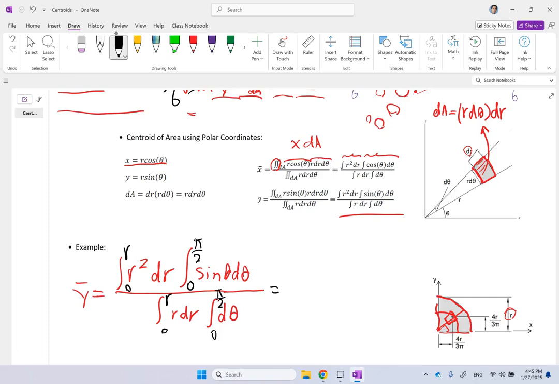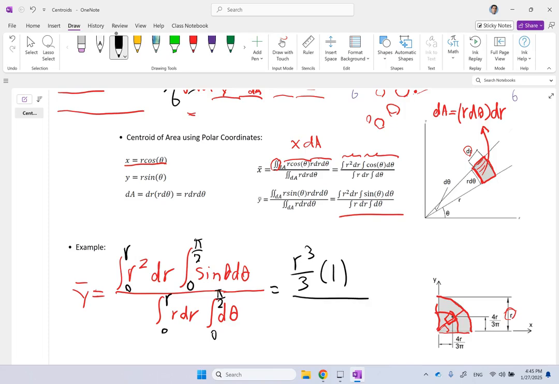Well, what would you get? The integral of r squared dr is going to be r cubed over 3. So you simply get r cubed over 3. And the integral of sine theta is negative cosine theta, right? So negative cosine theta at pi over 2, then minus 0. So you're simply going to get a 1, because negative of cosine pi over 2 is 0, and negative of cosine 0 is going to be positive 1.